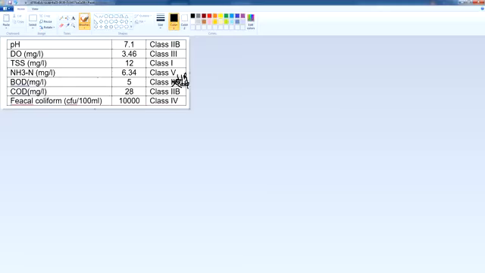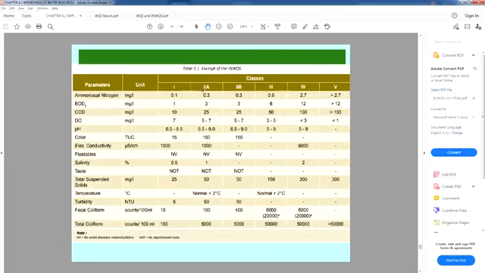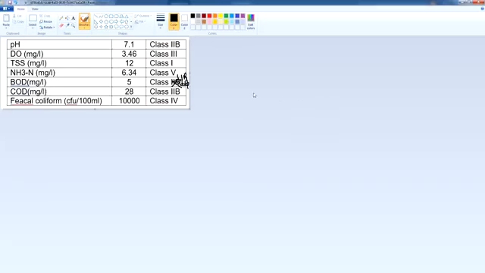So that's why if you have a selection between 2A and 2B, you have to choose the class which is much more worse. So in this case, kalau you have 2A and 2B, I choose 2B. Kalau you are between 3 and 4, I choose 4. Okay, so it's up. Kalau 5 ni memang dah critical sangat lah. Okay, so ammonia ni memang paling critical.